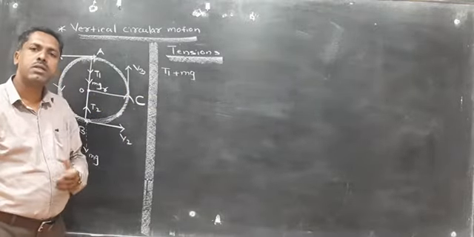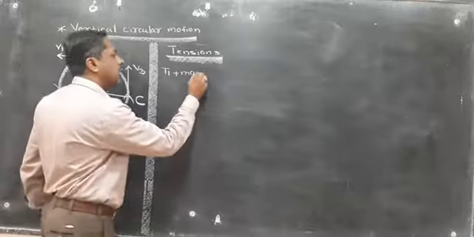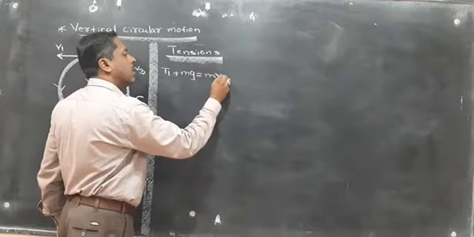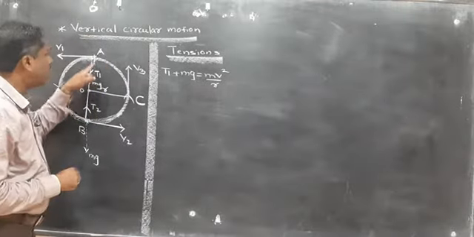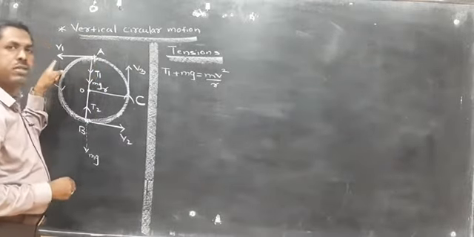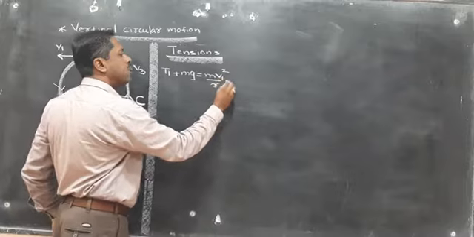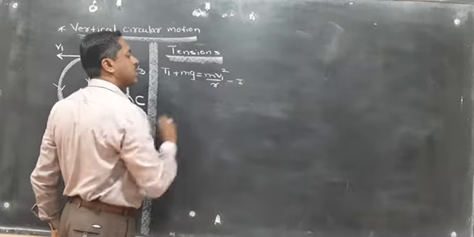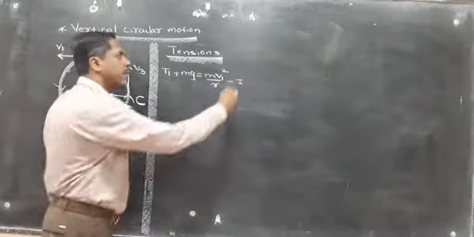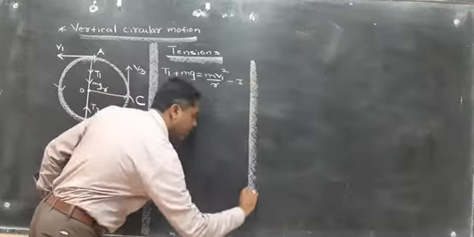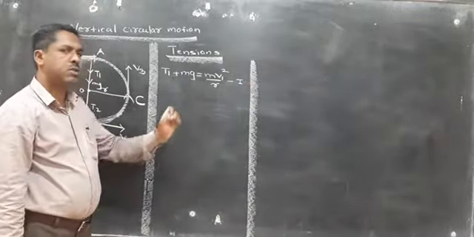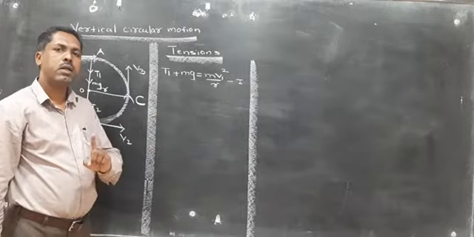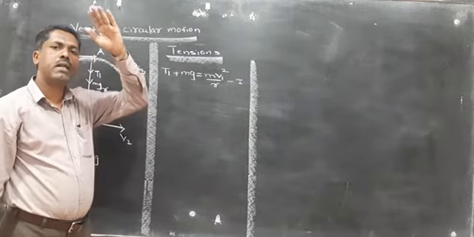For circular motion, centripetal force is required, which is equal to mv square upon r. At the top position, it has velocity v1, so T1 plus mg is equal to mv1 square upon r, equation number 1. This is the general formula for tension of an object at the top position.